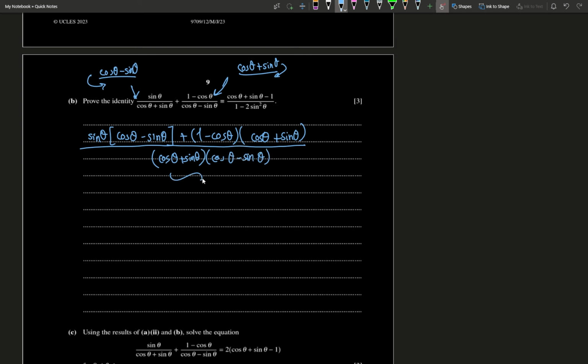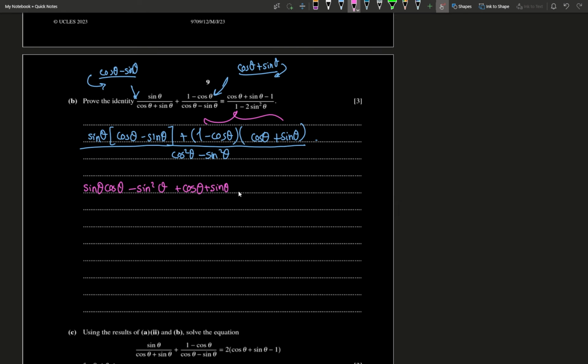وهتلاحظ when we expand this كده أصلا it will be cosine squared minus sine squared اللي هي difference of two squares. فممكن بس نمسحها كده دلوقتي ونكتبها كده عشان مضيعش وقت كتير. فنكتبها as cosine squared theta minus sine squared theta. دلوقتي بقى هنضطر expand our brackets and start doing some algebraic manipulations. فكده نكتب sine of theta cosine of theta minus sine squared. بعدها هنضطر expand these two brackets. 1 times cosine is cosine, 1 times sine is sine.